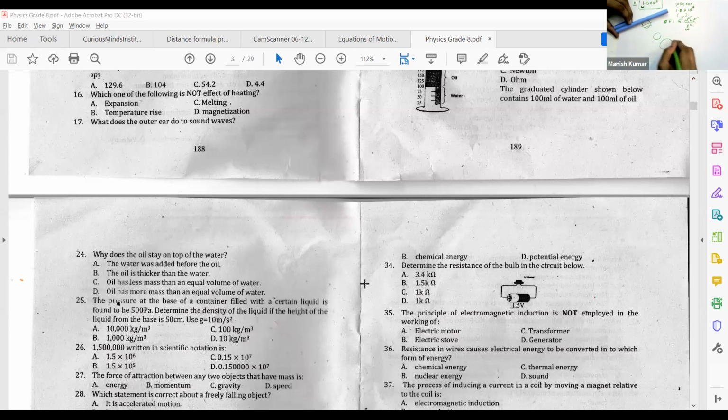Earth does not pull you to the ground because Earth is a magnet. Earth is pulling things towards itself because of the gravitational force.